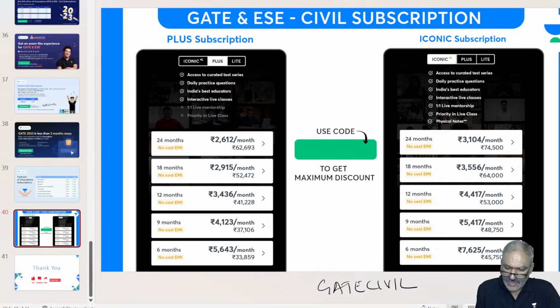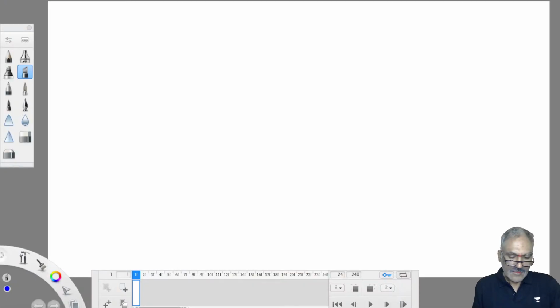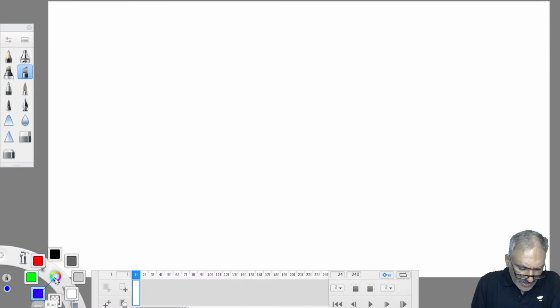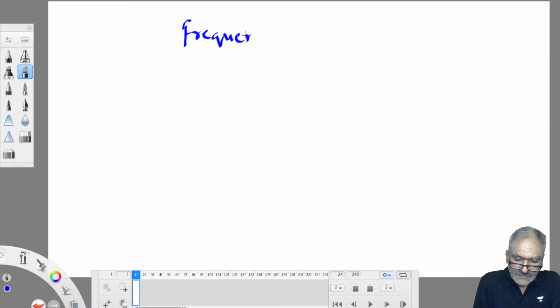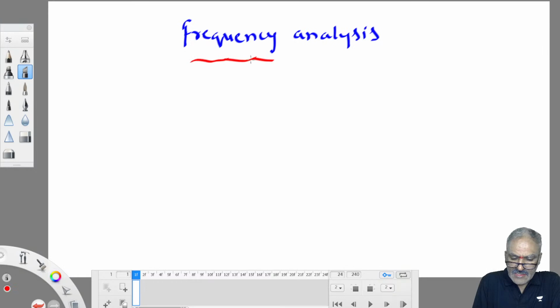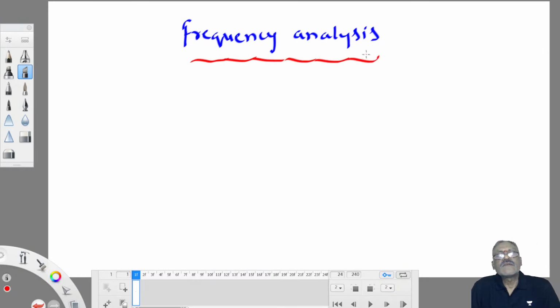Now let us jump into the subject. So today we are going to talk about frequency analysis of rainfall data. In general, frequency analysis is normally performed for events which are rare and random.